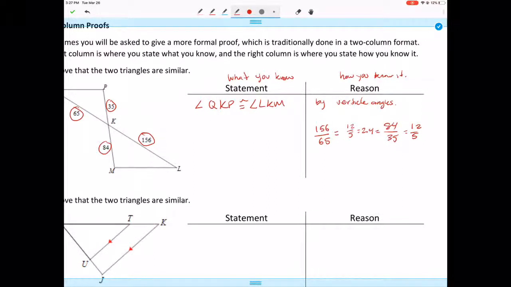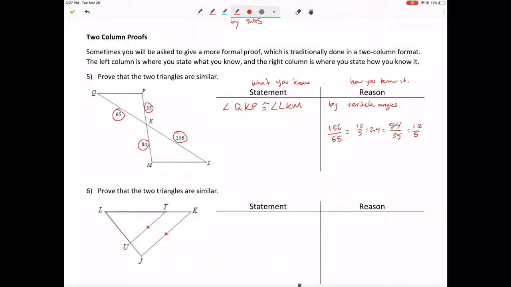All right, so we know that they are proportional, that is our reason, and we'd want to write down our statement. So we need to know that we have 2 corresponding sides. So one corresponding side would be KL, okay, and that is also proportional to KQ.